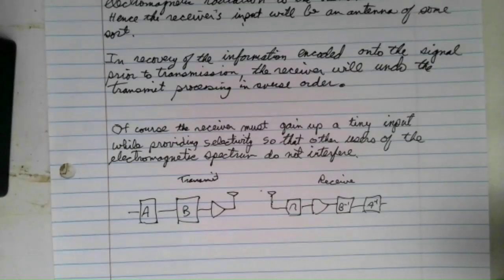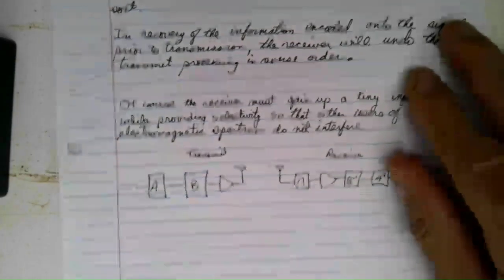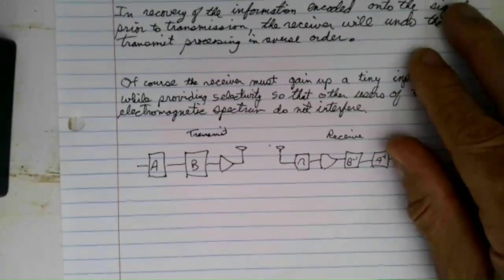And in some cases, the receiver will have to provide timing and synchronization for coherent demodulation. Holy smoke! The receiver is really the heavy lifter here, not so much the transmitter.